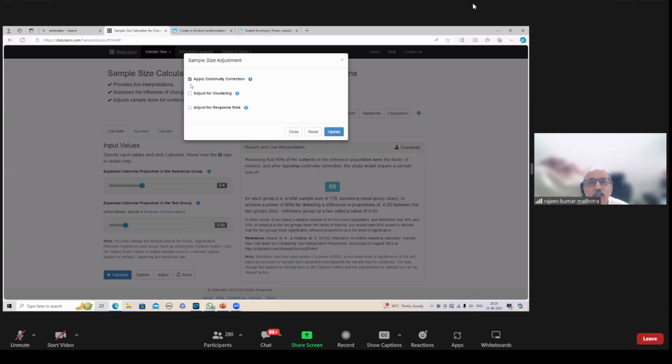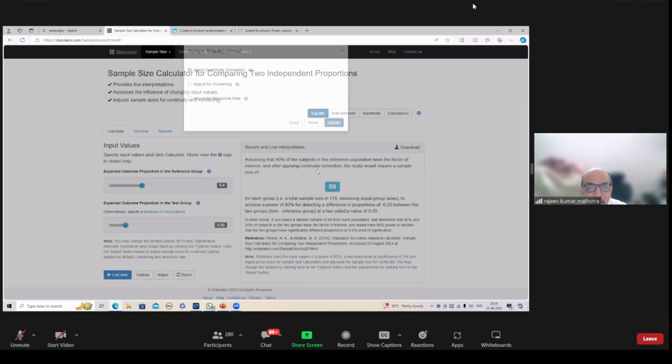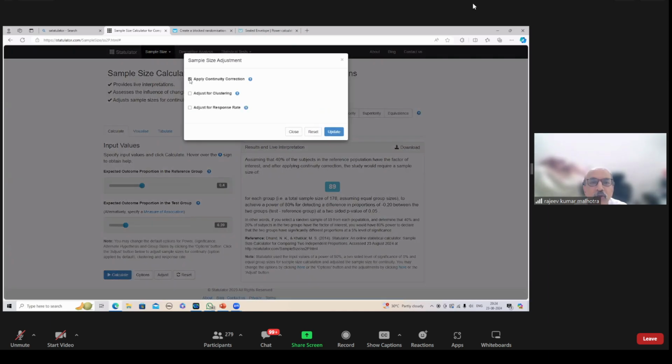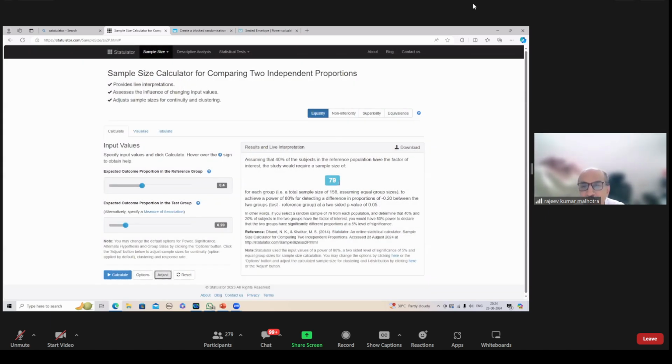So to approximate the binomial distribution as continuous, we use the continuity correction. If you apply the continuity correction, your sample size will be higher. If you uncheck that, your sample size will be 79.